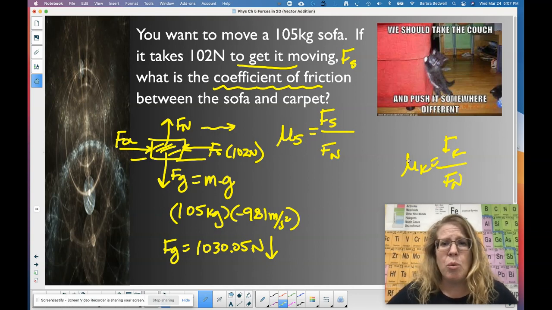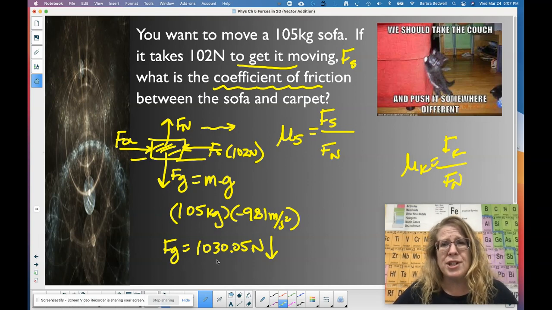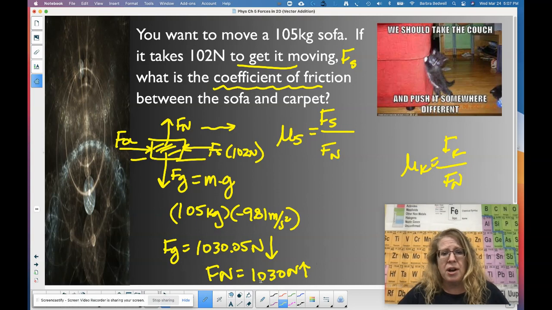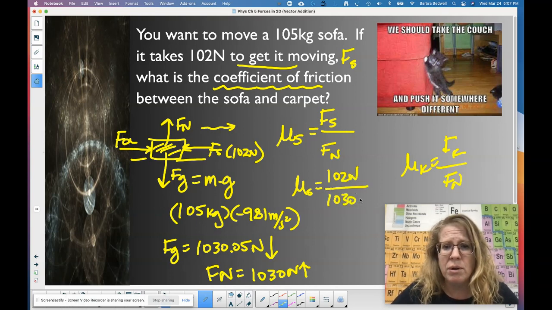This would be down, right? So if we're trying to figure out what our coefficient of friction is here, we now know that if Fg is 1030 newtons down, then Fn is going to be equal to 1030 newtons up. They're just opposite directions. So I can call this one positive if I want to. So the static coefficient of friction is equal to Fs, 102 newtons, divided by Fn, 1030 newtons.